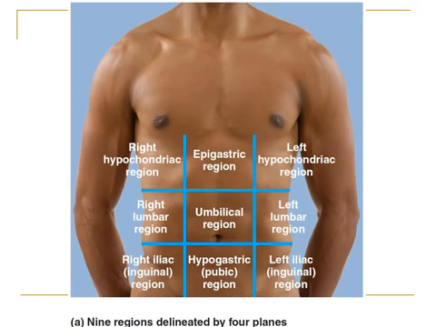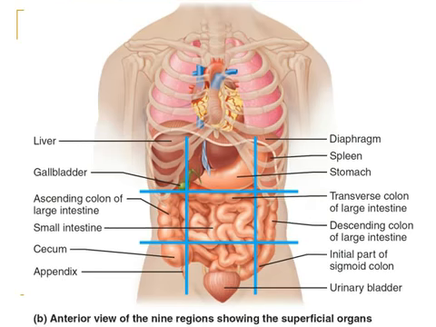This is the same thing, and this is how the position of the viscera takes place in these nine different regions. In the right hypochondrium, we have the right lobe of the liver and the fundus of the gallbladder. Similarly, the maximum part of the stomach and the left lobe of the liver are present in the epigastric region. The maximum part of the small intestine is present in the umbilical region.